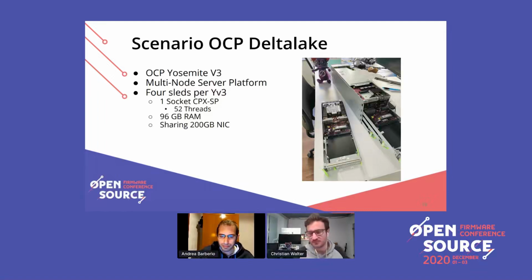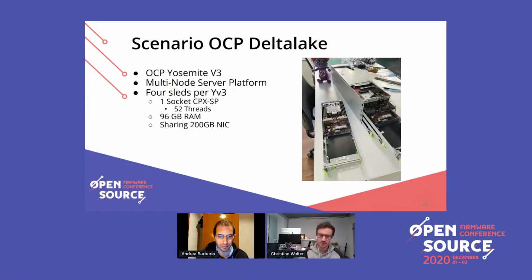Yeah, thanks, Andrea. Okay, so the OCP Delta Lake, or the OCP Yosemite version 3 Delta Lake, is the one that we used for our testing. It's a multi-node server platform, as Andrea already said. It has four slots per Yosemite version 3.